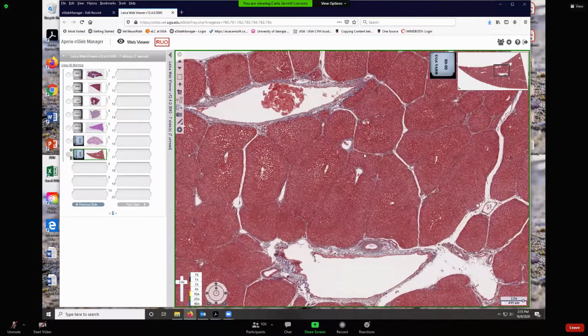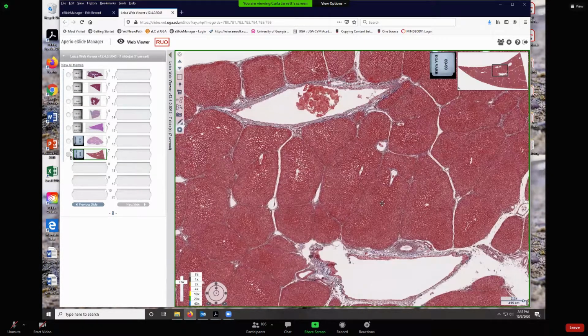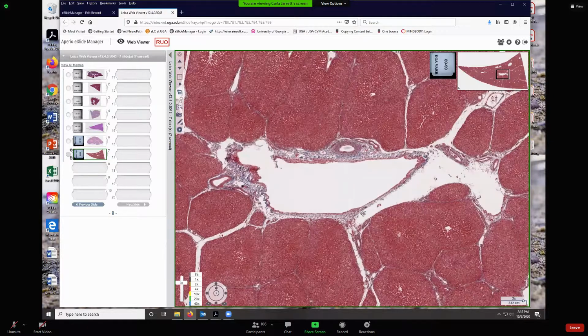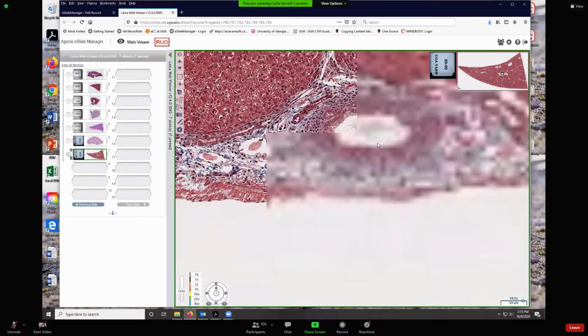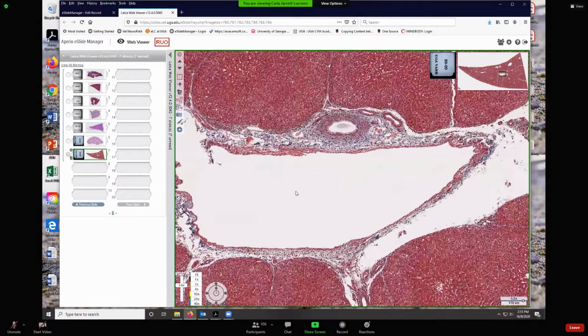So here is just a really expanded longitudinal view of that portal area, as is this right here. So if you see the bile duct, the interlobular hepatic arterioles, the interlobular portal vein branches.